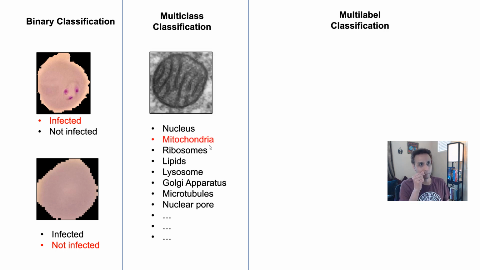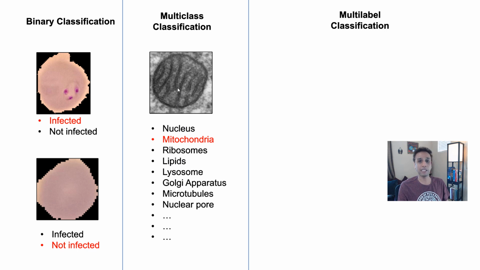Now, multi-class, as the name suggests, can be one of multiple classes. Here it can be one of two classes: infected, not infected. Here, multiple classes. I took an image of mitochondria. If you're trying to classify this image, again, we are talking about classification of an image, because it has some of these going on. This is infected, that's not infected. In this case, this is mitochondria. So it could be any of these organelles that's part of a cell, right?